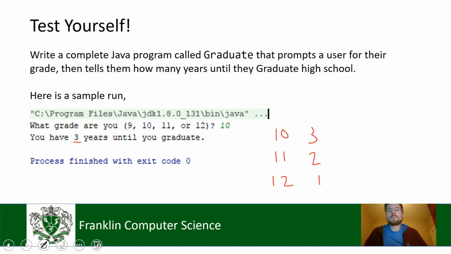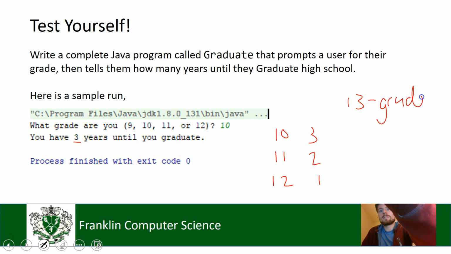To get the numbers on the right from the numbers on the left, I just do 13 minus grade. So we can test it with a couple of numbers. If I put 10 in for grade, I get 3. If I put 11 in for grade, I get 2. If I put 12 in for grade, that gives me 1. So those are the values that we want.